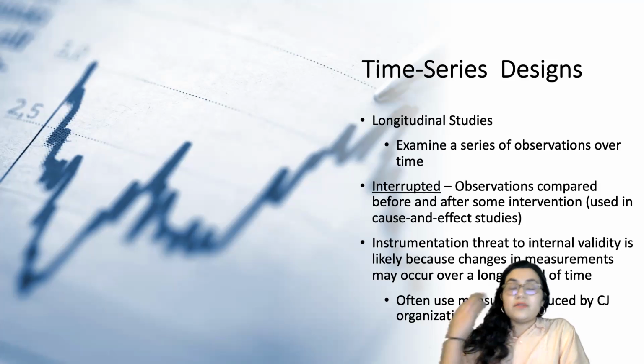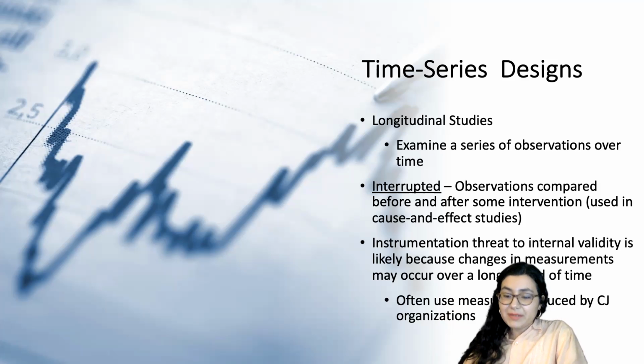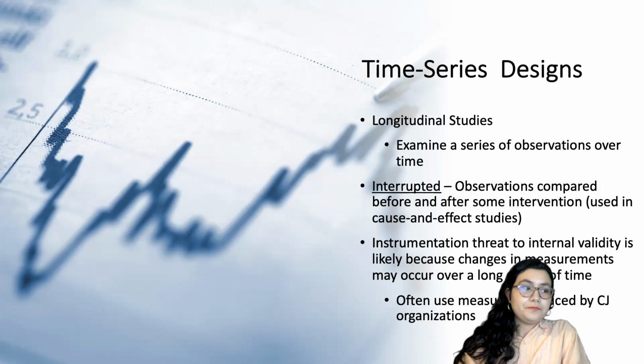So maybe if we're doing that experiment I talked about with DUIs and raising the age for drinking, there may be some other policy implementation that redefines how we conceptualize DUIs or something like that. So you really need to understand how your observations are being collected and if there's any difference.